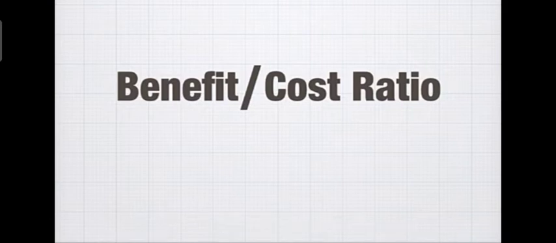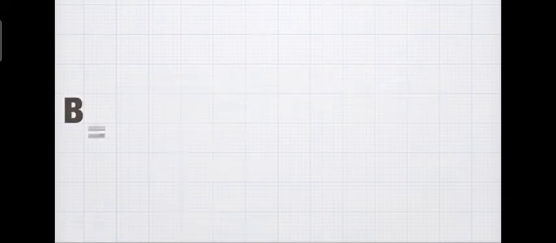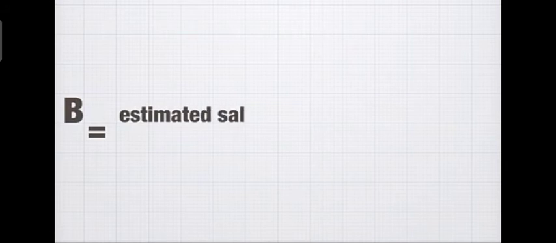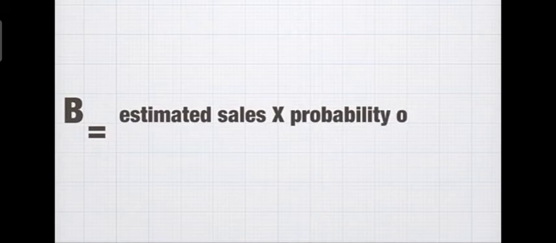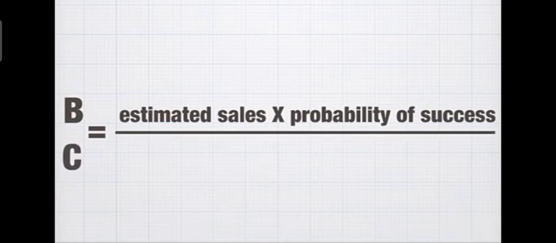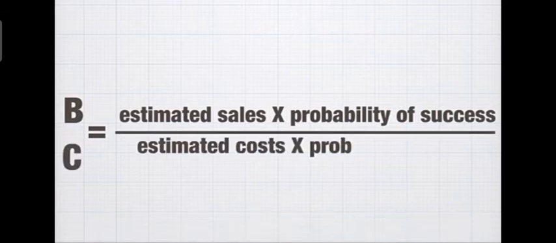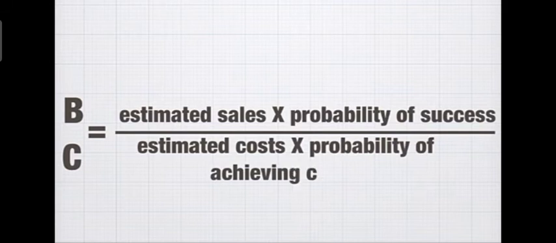As you can see, it is a ratio, benefit divided by cost. It looks like this. The benefit is the estimated sales that would be made in this particular project multiplied by the probability that we will succeed in hitting that number. The cost is the estimated costs times the probability of achieving the cost target.